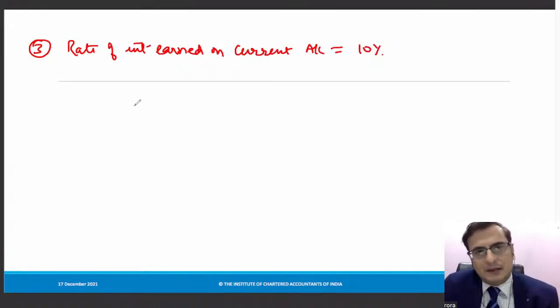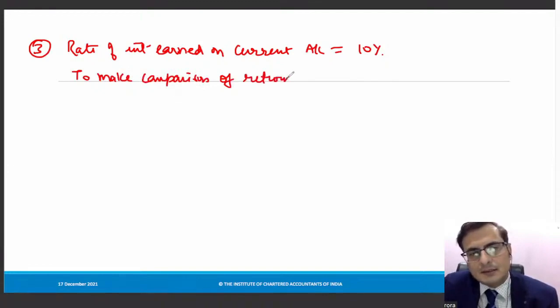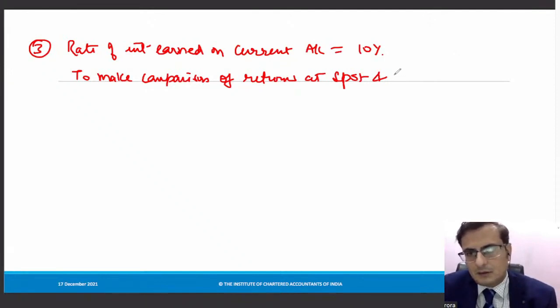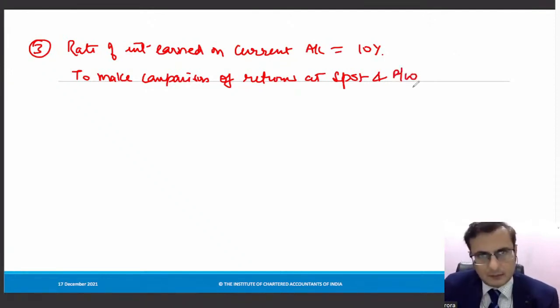How do we compare, for today or after 2 months, to make a comparison of returns at spot and forward?